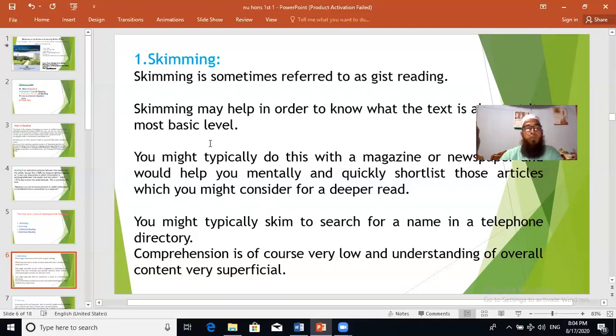During skimming, comprehension, meaning understanding, is very low, and understanding of the overall content is very superficial. That means not deeper. Because when we are skimming, we are reading very quickly, and we are not giving attention to every detail of the story. That's why our understanding is very superficial here.